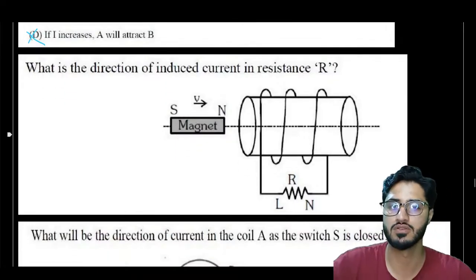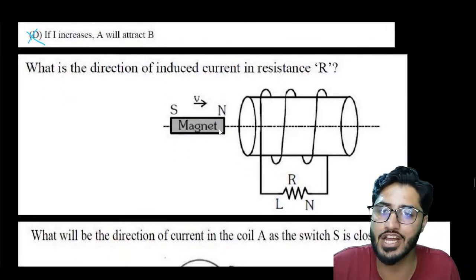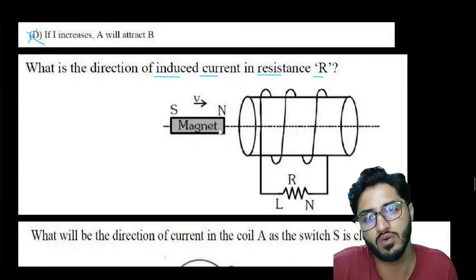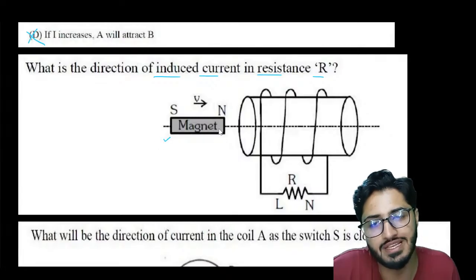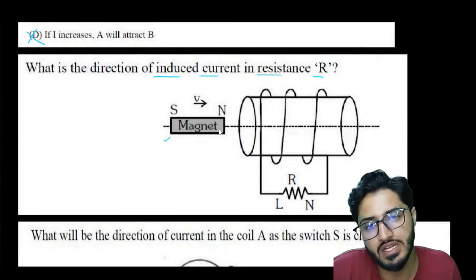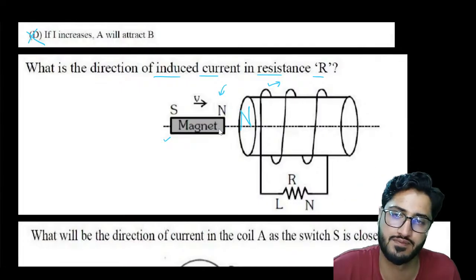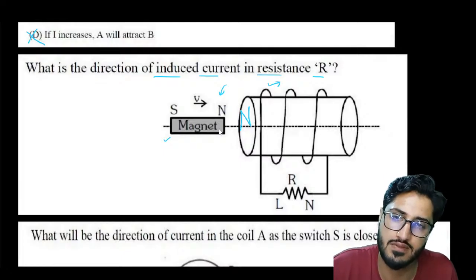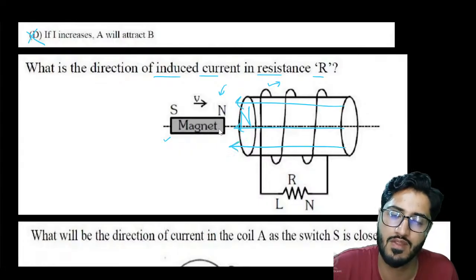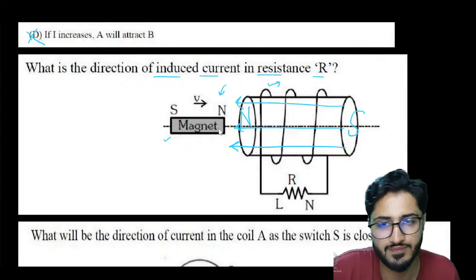Next question now. Look. What is the direction of induced current in resistor R? Look now. The magnetic material is going in this direction. So in this loop, current will flow that should oppose it. So north pole will oppose it. Here will be only north pole. If my flux goes in this way, it will be south pole.